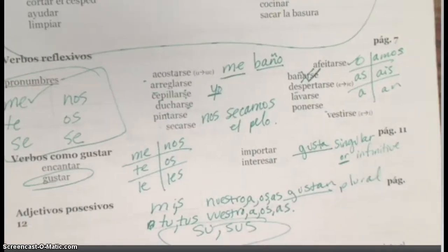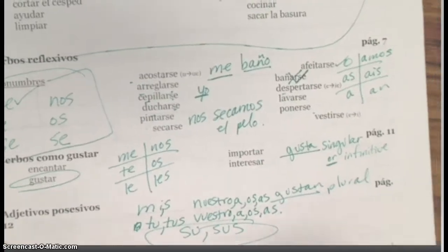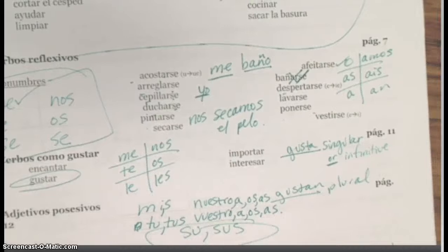All right? So let's do some practice. So the first thing we're doing is possessive adjectives. I'm just going to write the answer here so you can correspond it to the correct ending, the correct letter that goes with it.